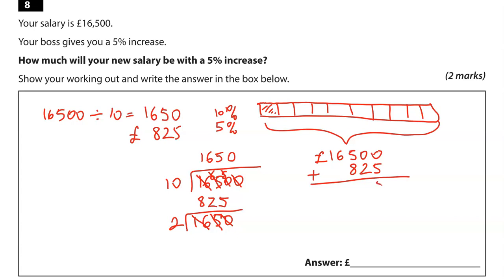So 0 and 5 is 5, 0 and 2 is 2, 5 and 8 is 13, so 3 down and 1 carried over, 6 and 1 is 7, 1 add nothing to it is 1. So £17,325.